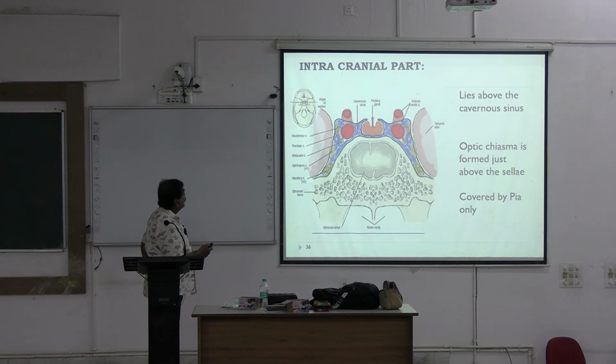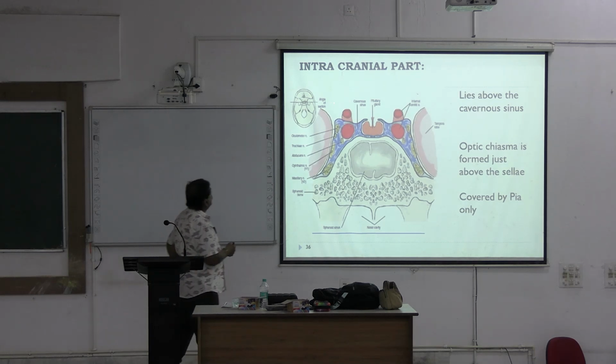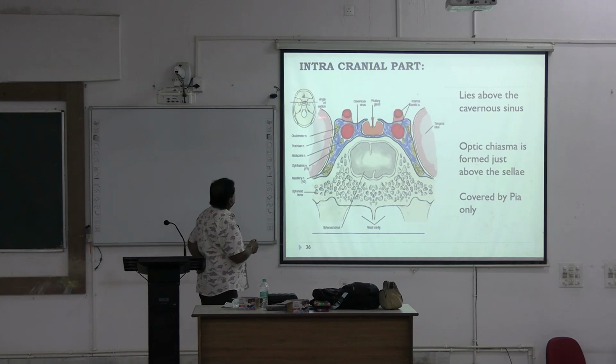Now, the intracranial part. Now, you see this is the sphenoid. This is the pituitary gland. This is the cavernous sinus.